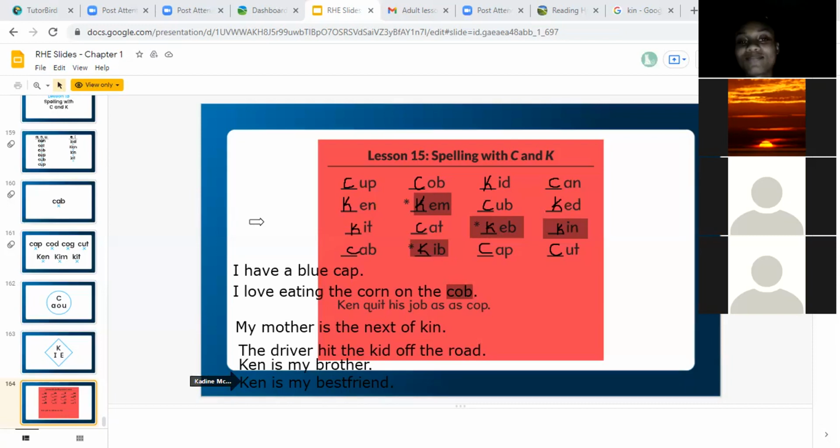K goes with I and E, and C goes with the rest. So it's five vowels. I and E go with K, so the rest of them go with C. Question, miss.